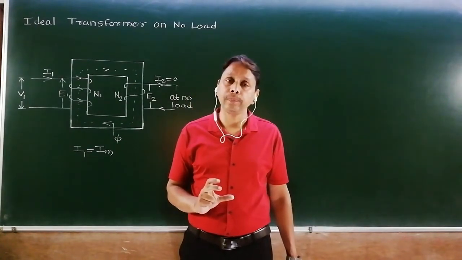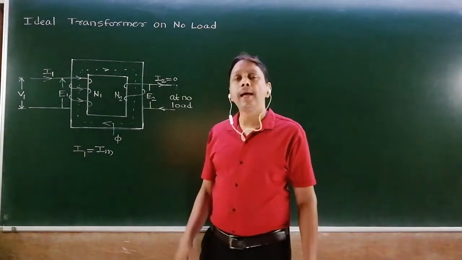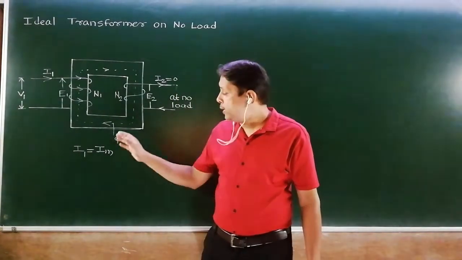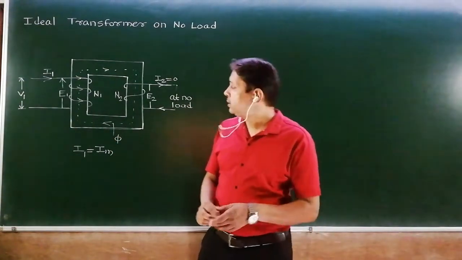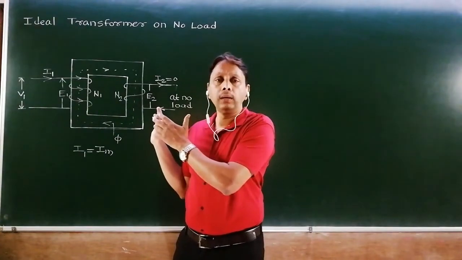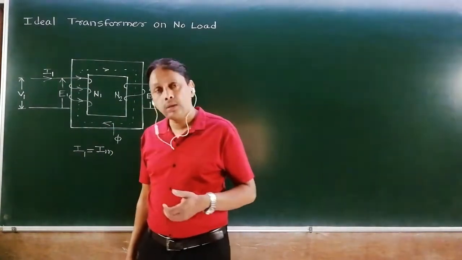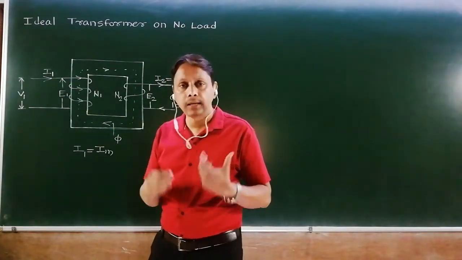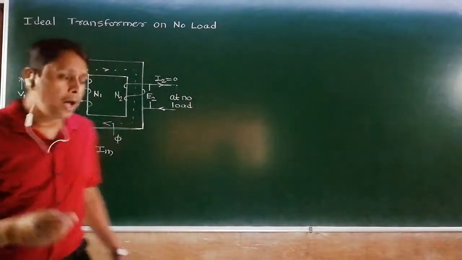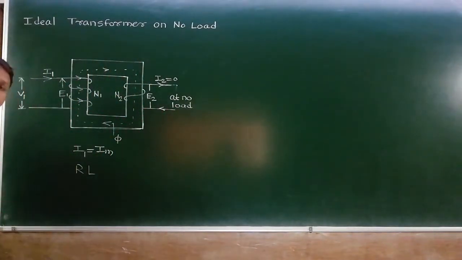Now, this magnetizing current Im we are going to take as a reference for drawing the phasor diagram. The secondary is open, but the primary winding is an electric circuit. Winding means L is there, and R is there, so actually the primary winding is an RL circuit.